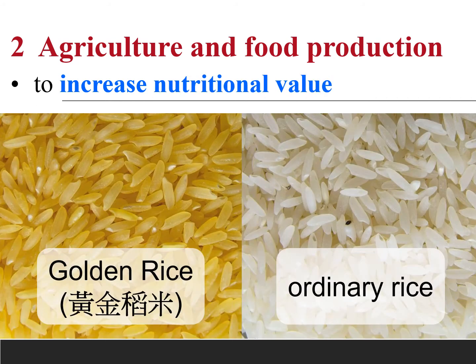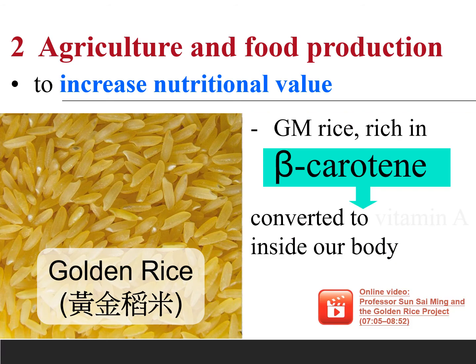Insertion of a gene to increase nutritional value in some plants or crops is also possible. On the left, you see a picture of golden rice, and on the right, there is ordinary rice. What are their differences? Golden rice is actually a GM rice, and it is rich in beta-carotene, 胡蘿蔔素. This beta-carotene 胡蘿蔔素 can be converted to vitamin A inside our body.